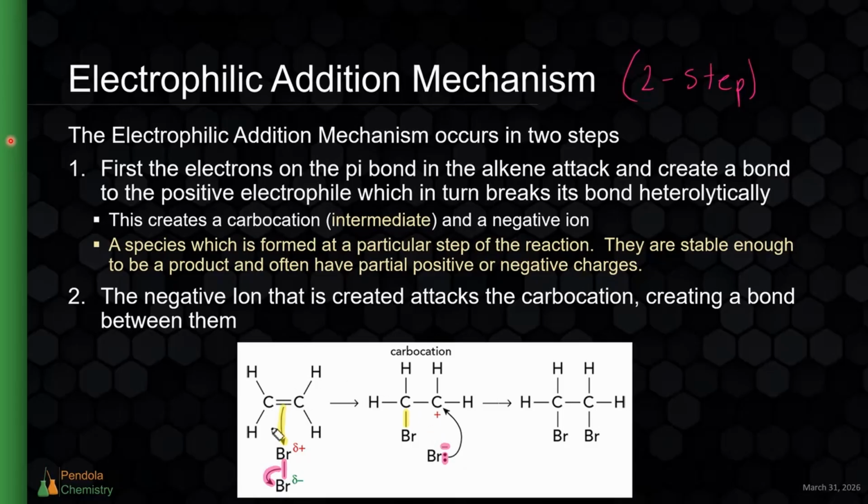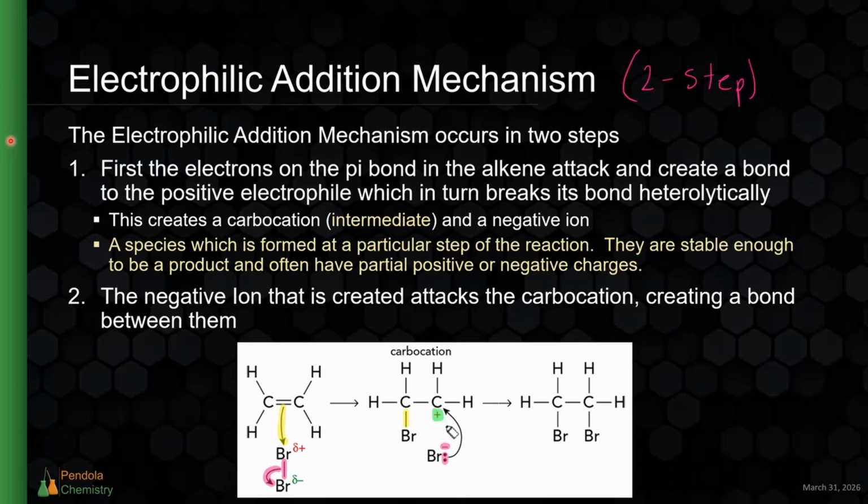When bonds break heterolytically, we discussed in an earlier section of chapter 14, two ions form.